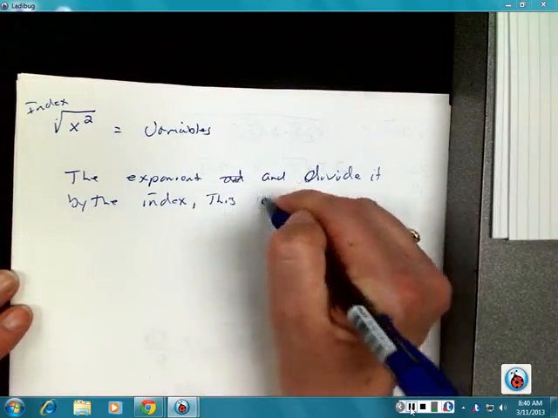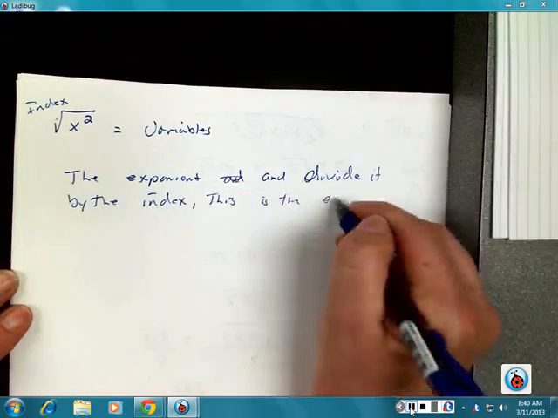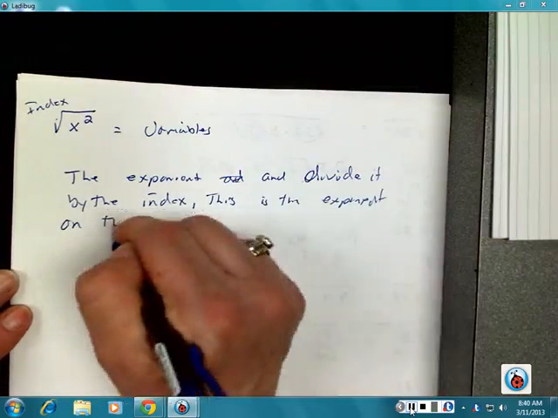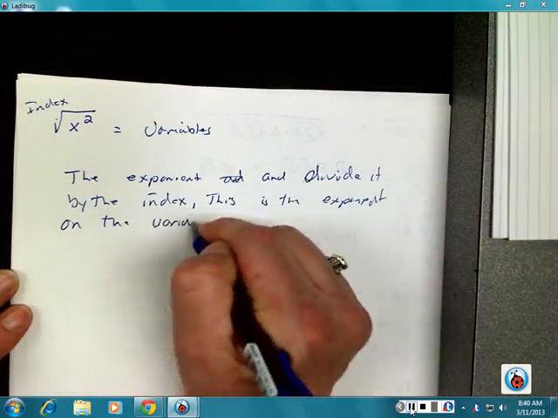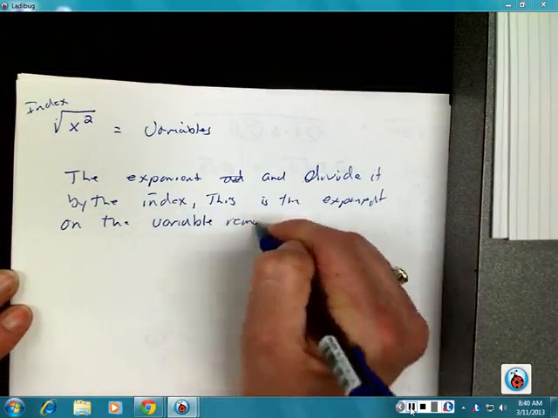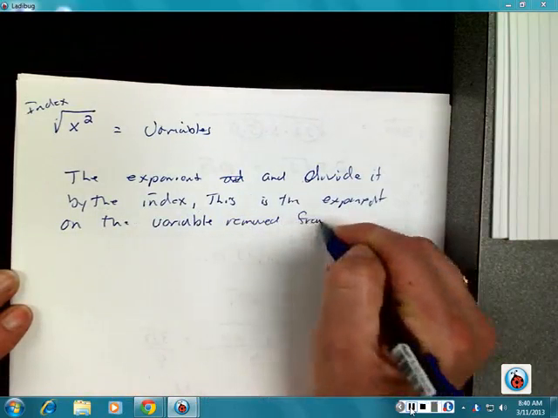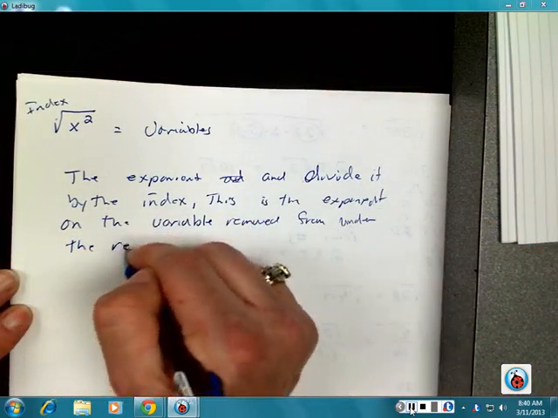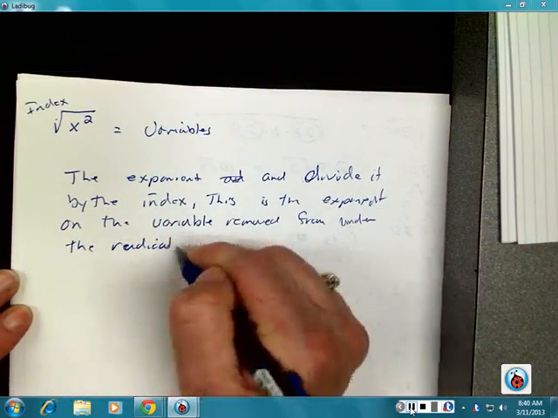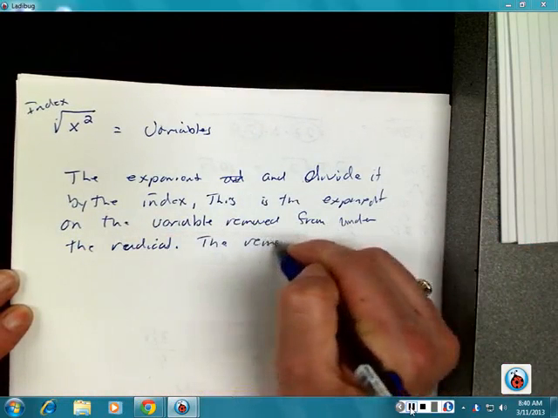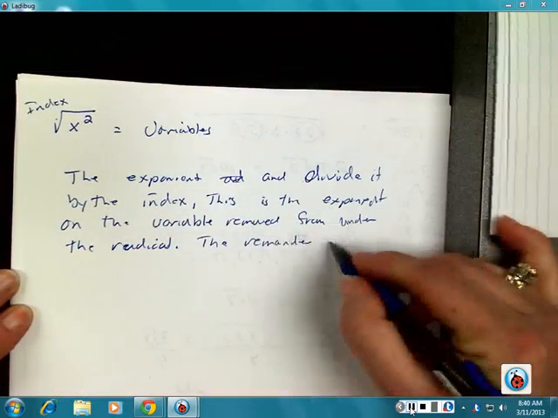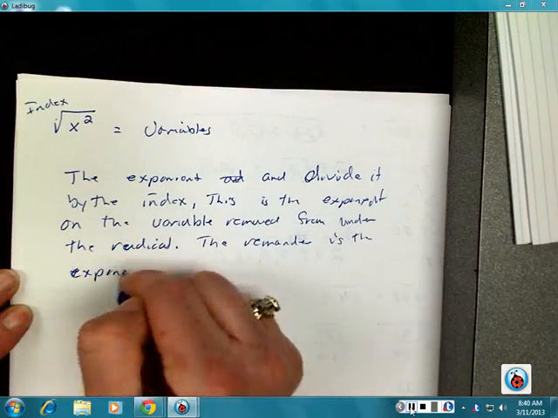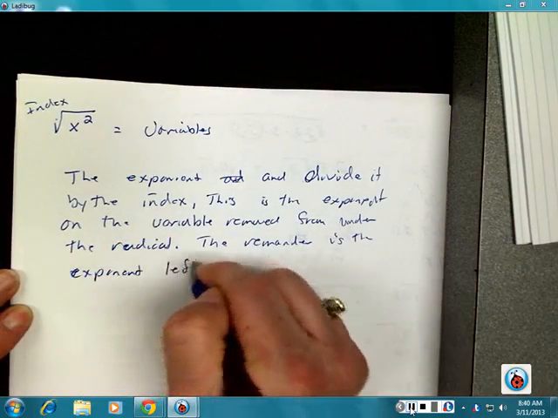This is the exponent on the variable removed from under the radical. The remainder is the exponent left under the radical.